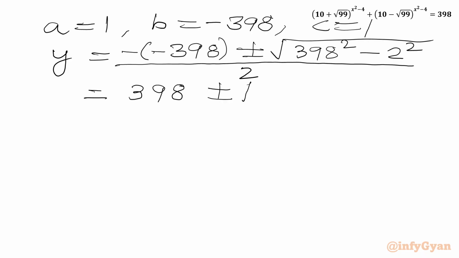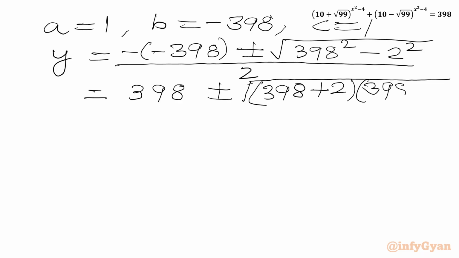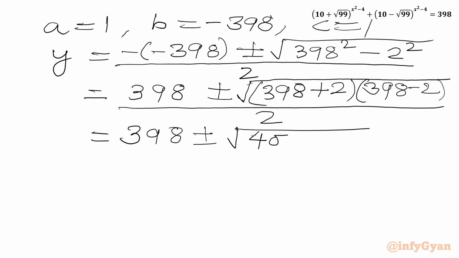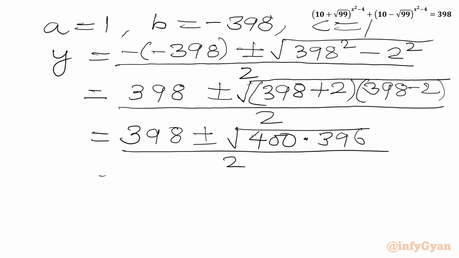We can use the difference of two squares formula and write here 398 plus 2 times 398 minus 2, with denominator 2. This will be equal to 398 plus minus square root of 398 plus 2, 400, times 398 minus 2, 396, over 2.